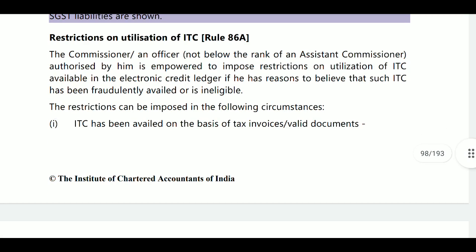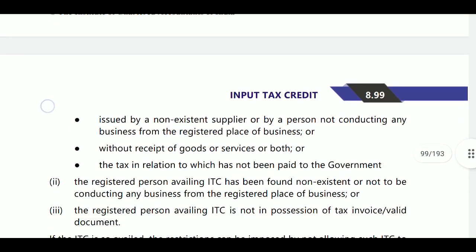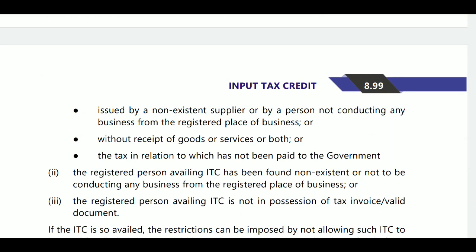The restriction can be imposed for the following reasons. That is, ITC has been availed on the basis of a tax invoice or valid document issued by a non-existent supplier, or by a person not conducting any business from the registered place of business.